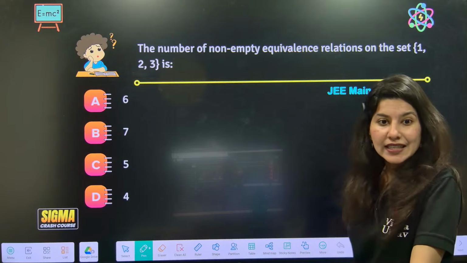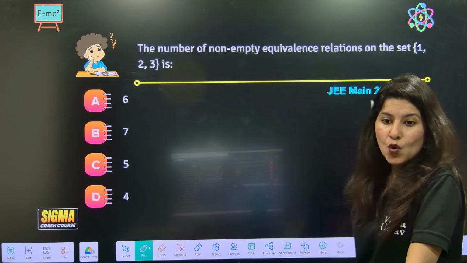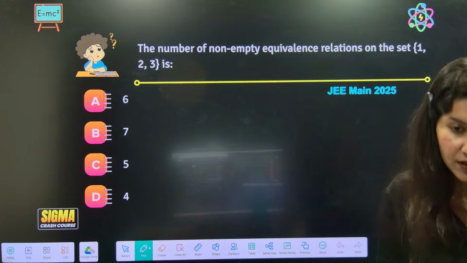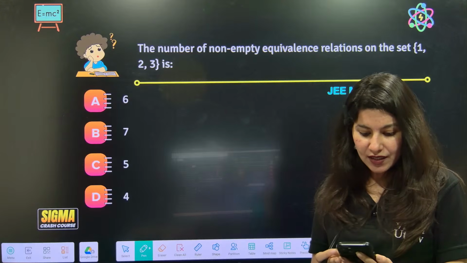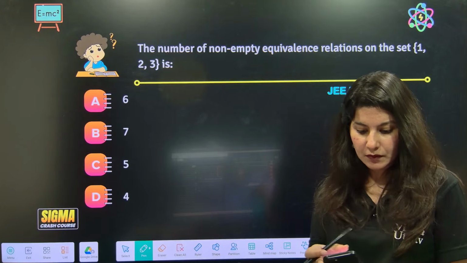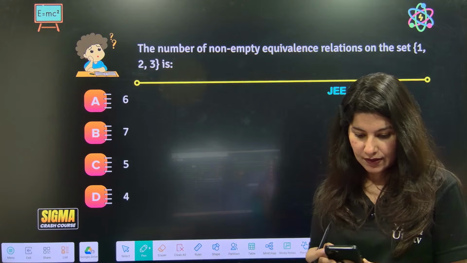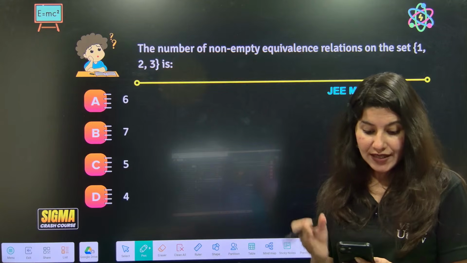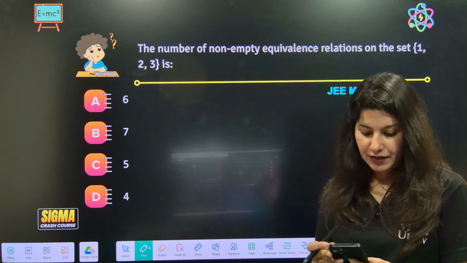Now see, if you go by that method of finding the number of relations, you will actually get... hold on. Now I will give you a ninja technique for it.